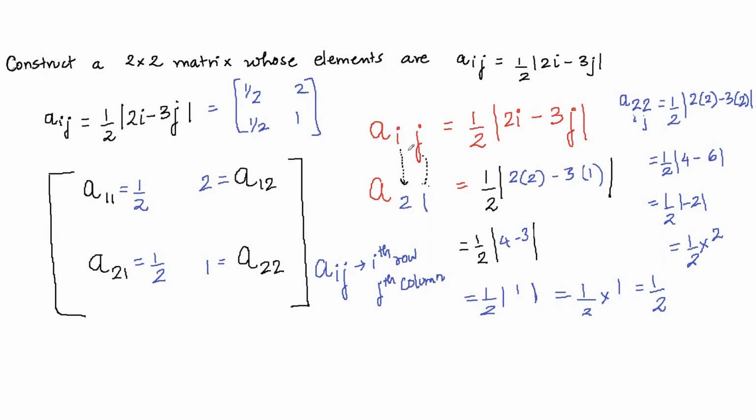So you have to compute the whole answer, and only then, if the answer is negative, you take the positive of it. So that was the other concept in this particular problem. And then if aij is given, you substitute different values of i and j to get the different elements of this matrix, and that is how you construct this particular matrix.